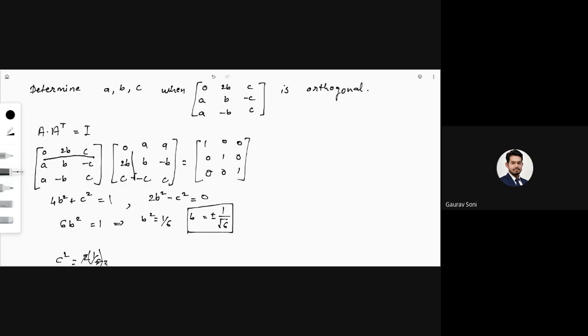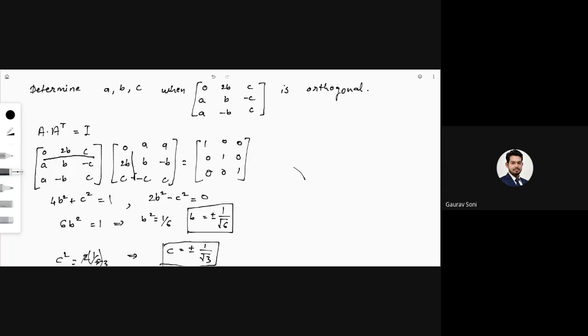So this will be 1 by 3. So c is equal to plus minus 1 upon under root 3. How do we find out a now? We'll take the equation a square minus b square minus c square, and then we will put the values of b and c.